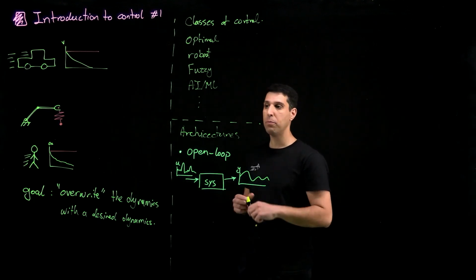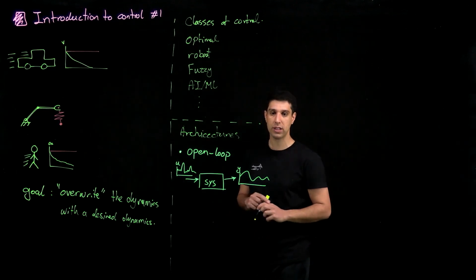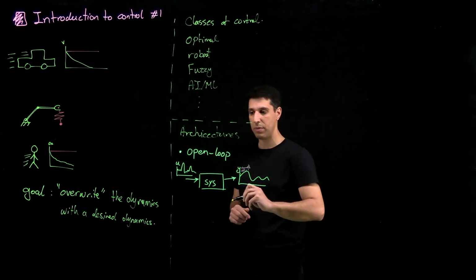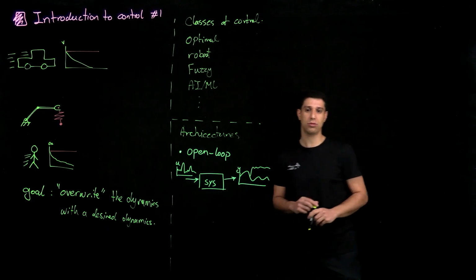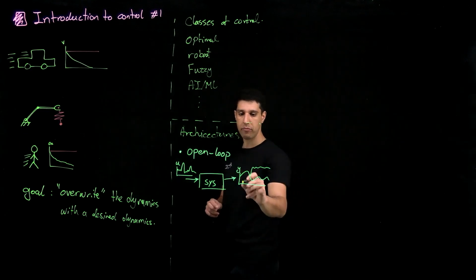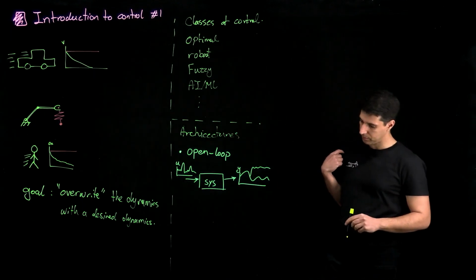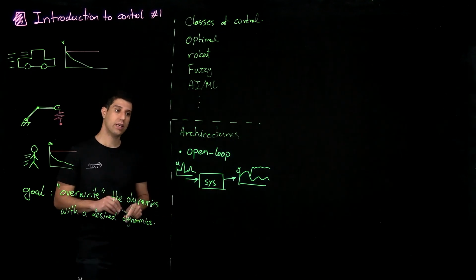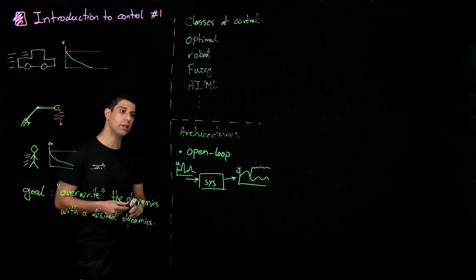And an important thing that can happen to these systems, maybe somebody bumps into your system and you keep giving it the same input, but through this bump, now you start to diverge and go somewhere else. There is no way for this open loop architecture to know what happened in the system and correct for it. So in some sense, open loop is very limited in terms of what you can do with this control.